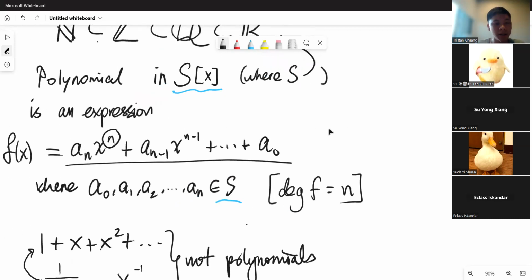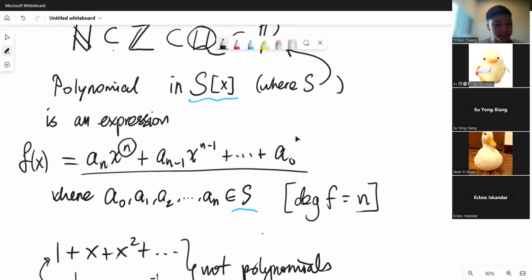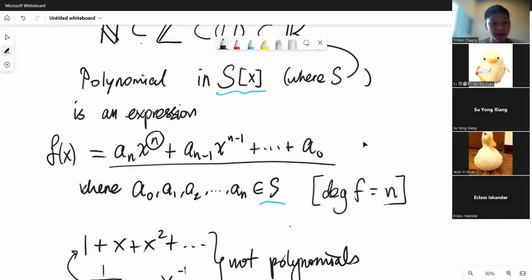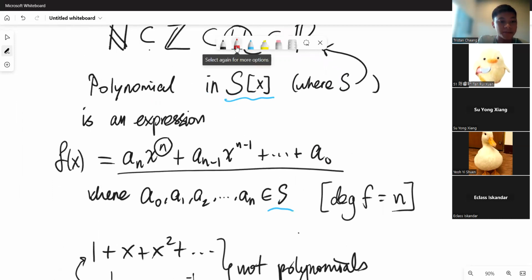Oh yeah, one more thing. We also consider the zero function as a polynomial, even though it doesn't really fit the definition. I mean, it does fit the definition here, but with a not being zero. We normally have to require the first term to be non-zero, and then we can talk about the degree.